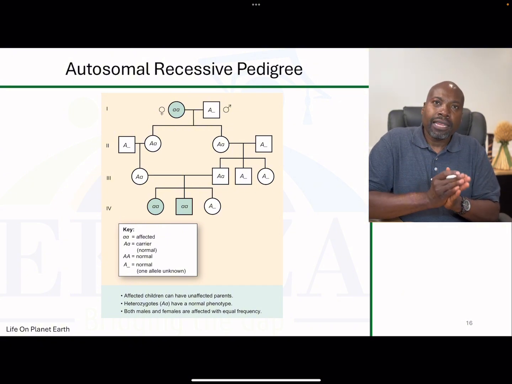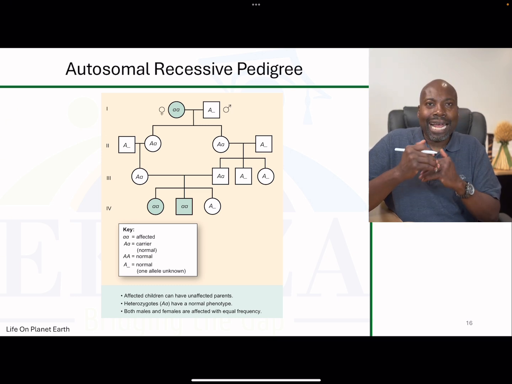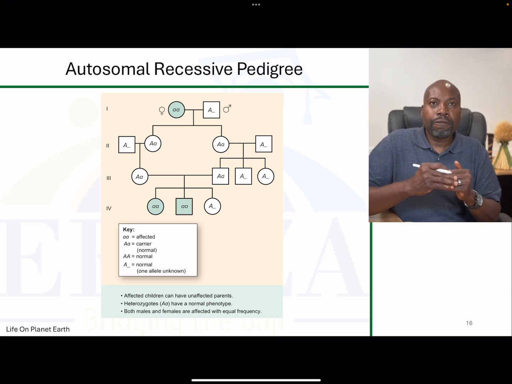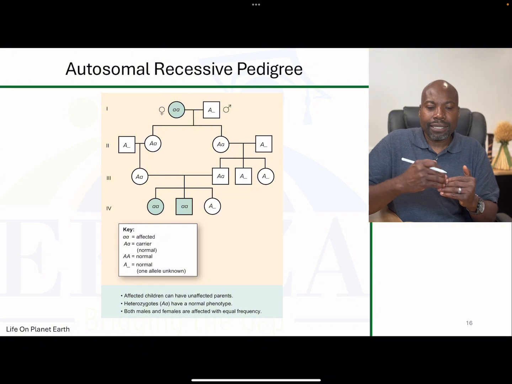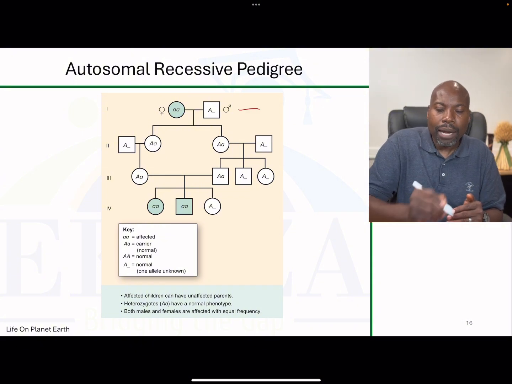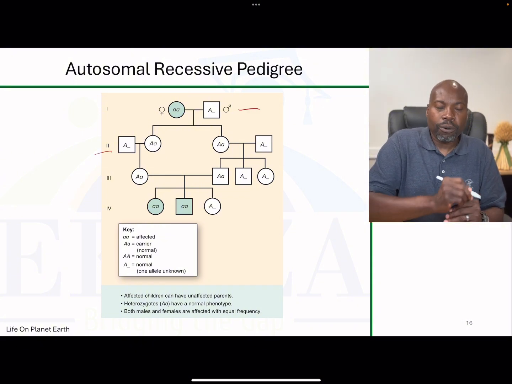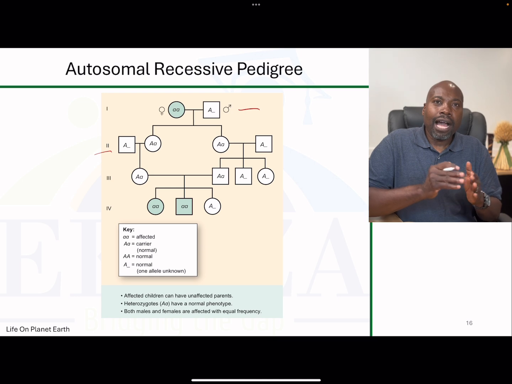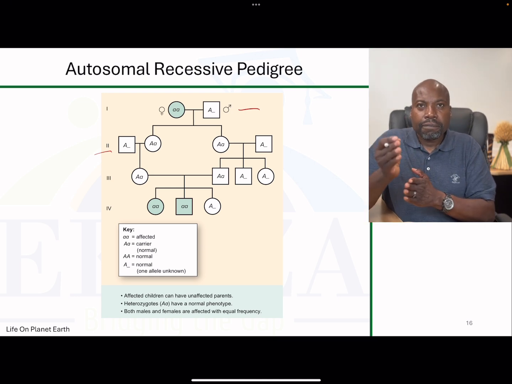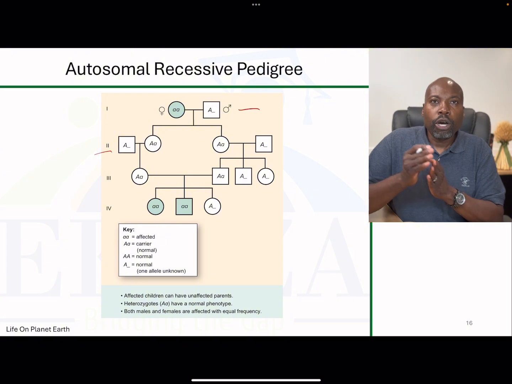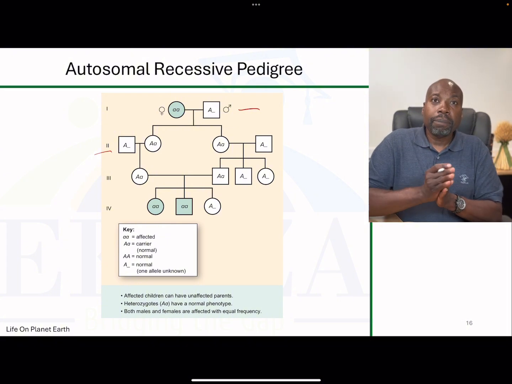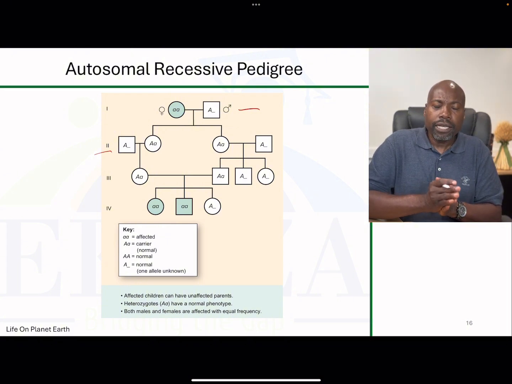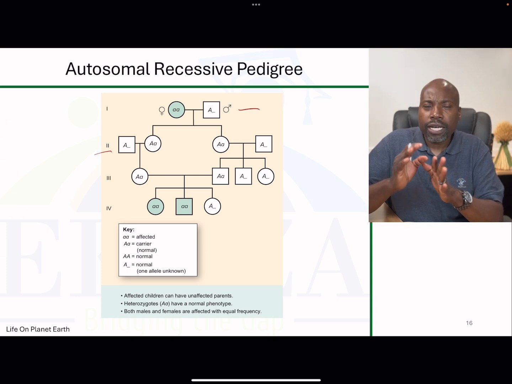By looking at that relationship, we can track down how features are being passed from parents to offspring, right? Are these features recessive? Are they dominant?